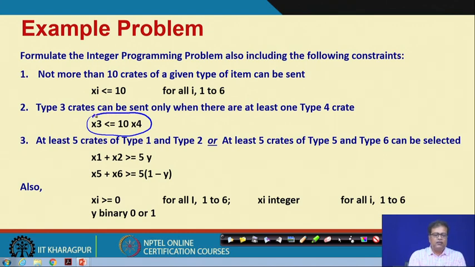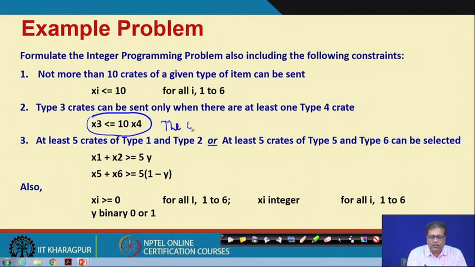Just imagine for the time being that x3 equal to 2 and x4 equal to 0, then this constraint will be violated. But if x3 equals any value up to 10 and x4 equals 1, or any number more than 1, this constraint will be satisfied.